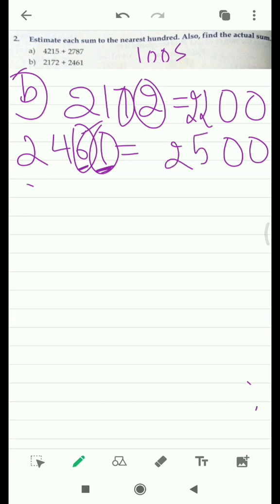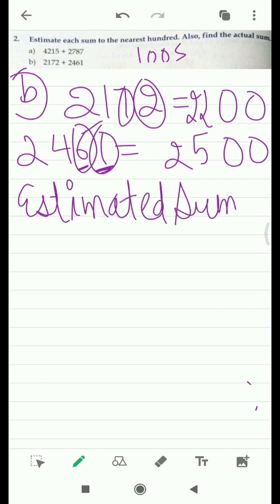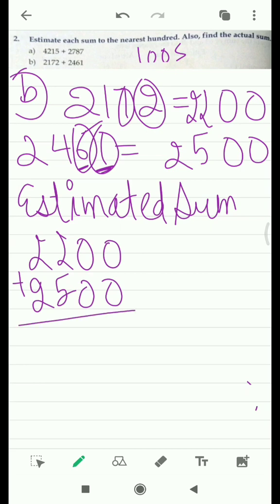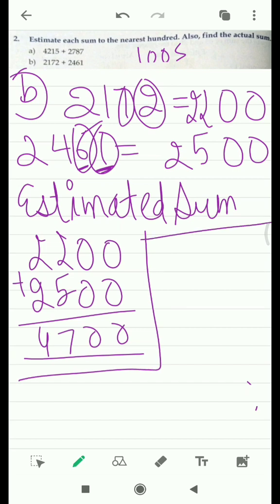Now we have to find the estimated sum. So add them. This is your estimated sum. Now we have to find the actual sum.